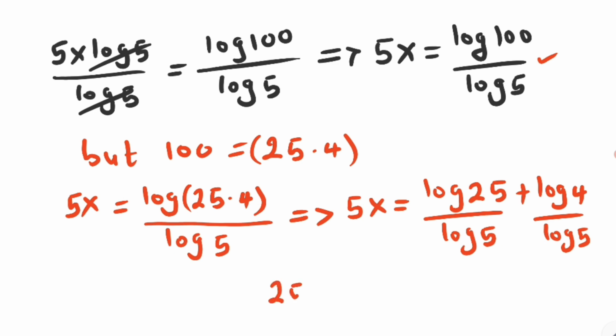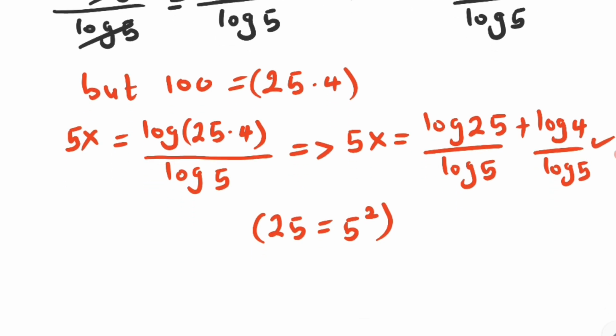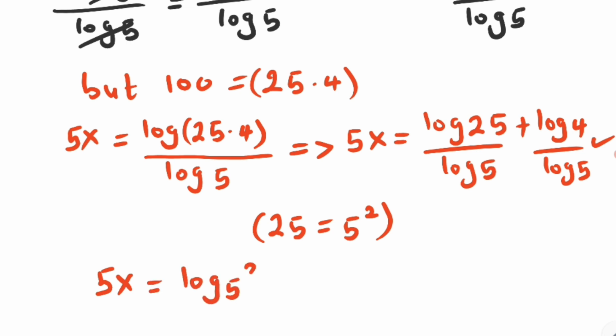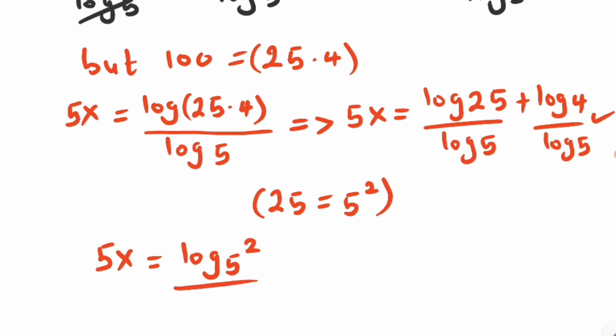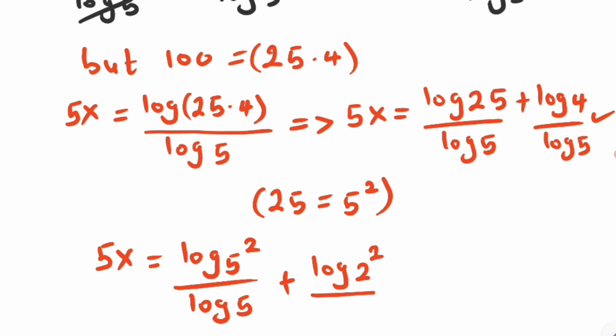25 is equal to 5 squared. Then the whole of this equation can be written as 5x is equal to log 5 squared over log 5 plus log 4, which can be written as log 2 squared, over log 5.